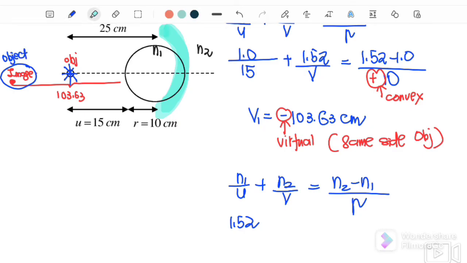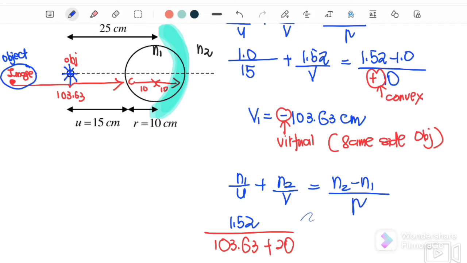The second refractive surface we are referring to is this surface, meaning our U is 103.63. You must add the diameter, which is 10 plus 10, so the diameter is 20.